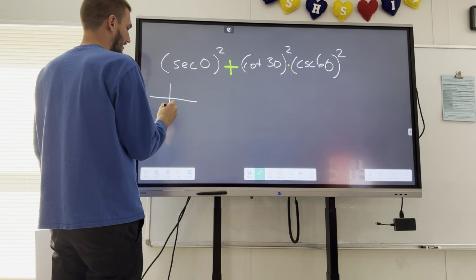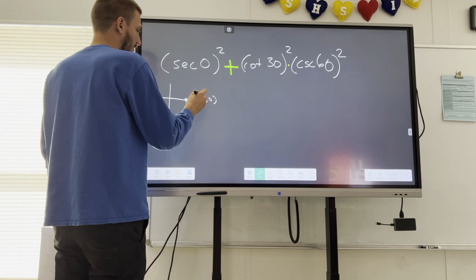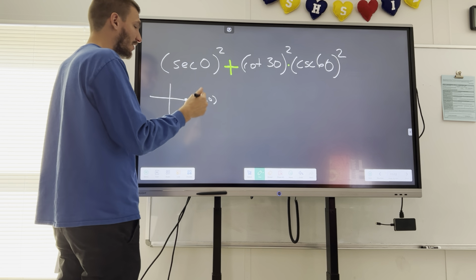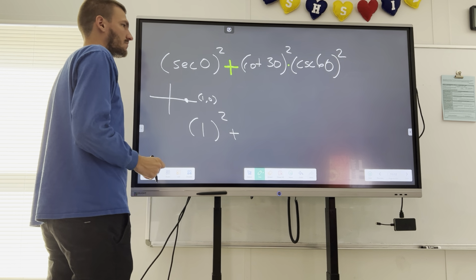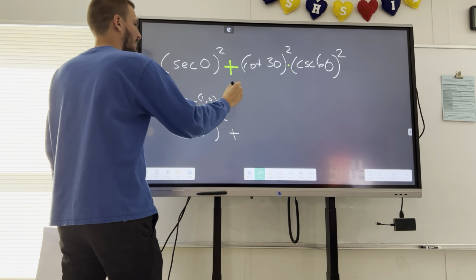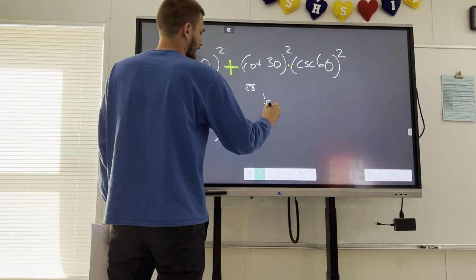0 degrees, well, that's kind of easy to find. It's right here at 1 comma 0. And the secant is the x upside down, which is 1 squared, plus the cotangent of 30. Again, I kind of cheat and I know my tangent values are like this.